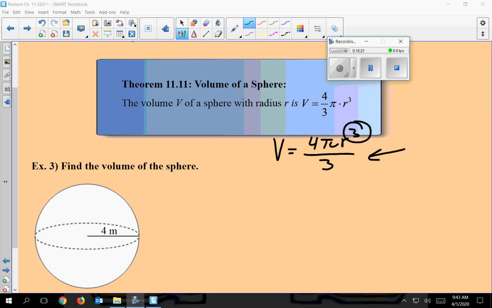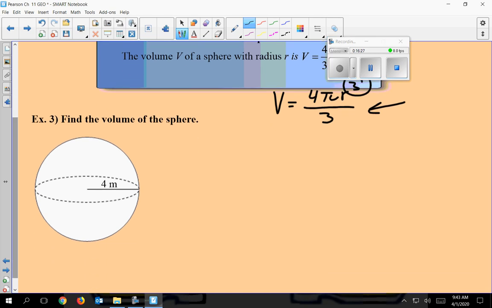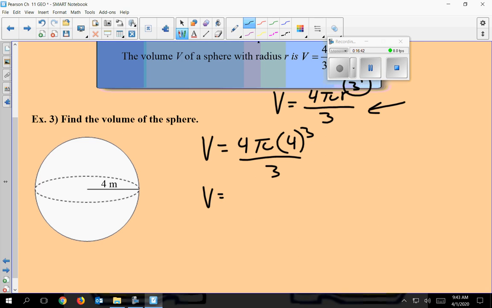Okay, so let's go ahead and do this one. We're going to take the radius as being 4. So we're going to go volume equals 4 pi, radius 4 cubed, over 3. Okay, so I'm going to leave pi as pi for a little bit here. 4 cubed is 4 times 4 times 4, which is 64.